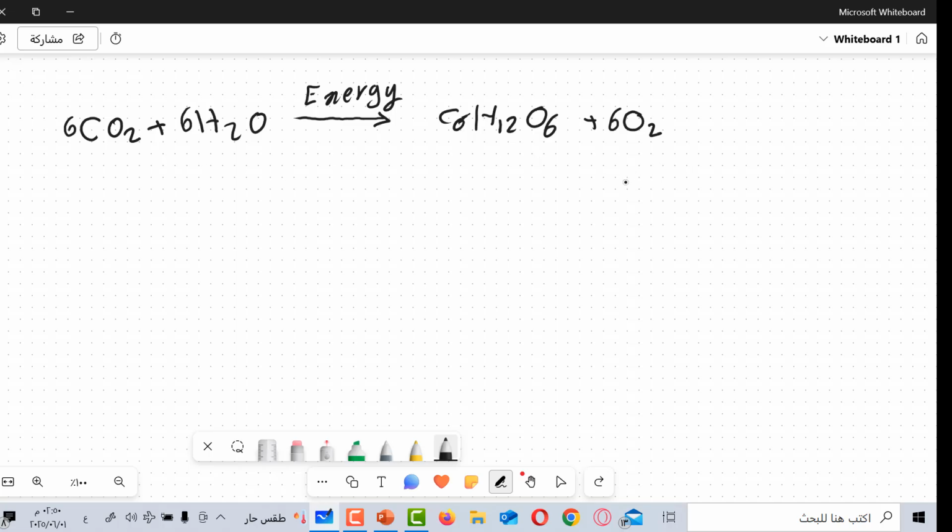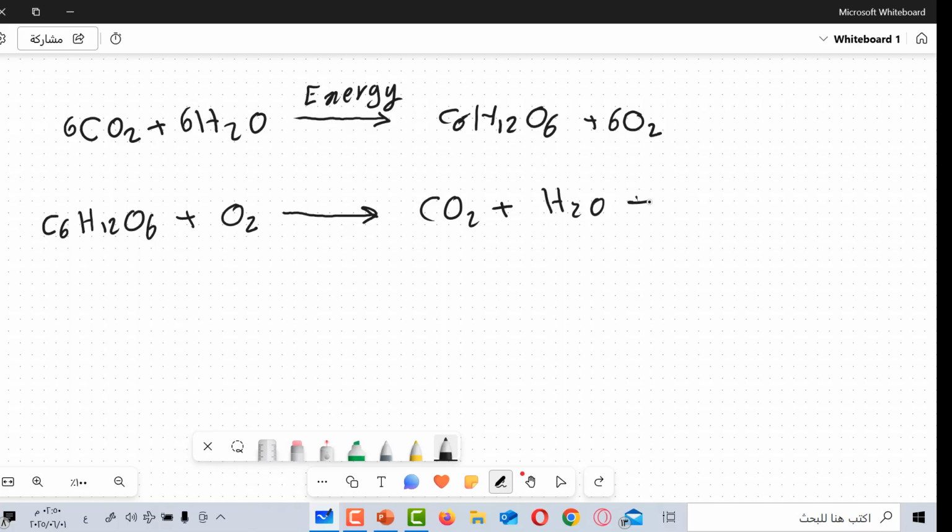If we want to write the formula of cell respiration, we reverse this formula. This means C6H12O6 plus O2 will give us CO2 plus H2O plus energy.